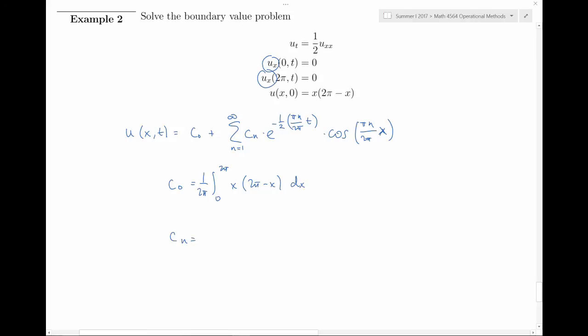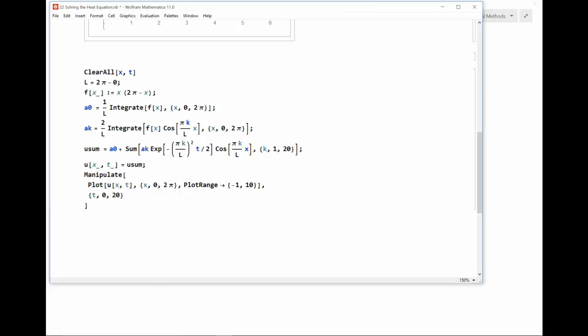All the other coefficients are 2 over 2 pi, the integral from 0 to 2 pi of x times (2 pi minus x) times cosine of pi n over 2 pi x dx. Again, it's a lot easier to do this computation in Mathematica. I prepared everything beforehand. Let's go ahead and evaluate.